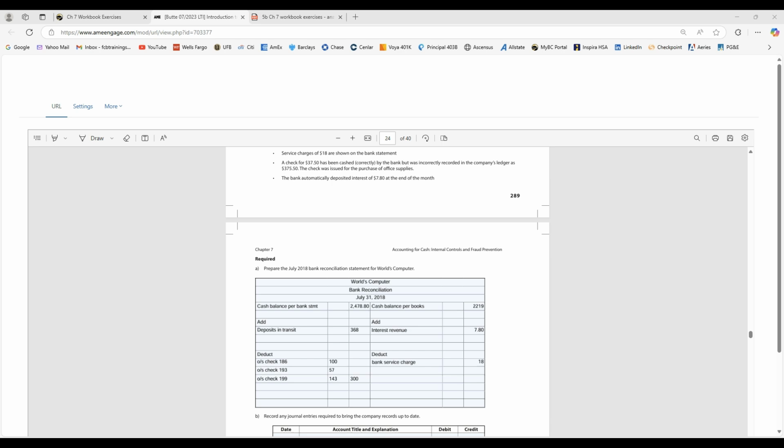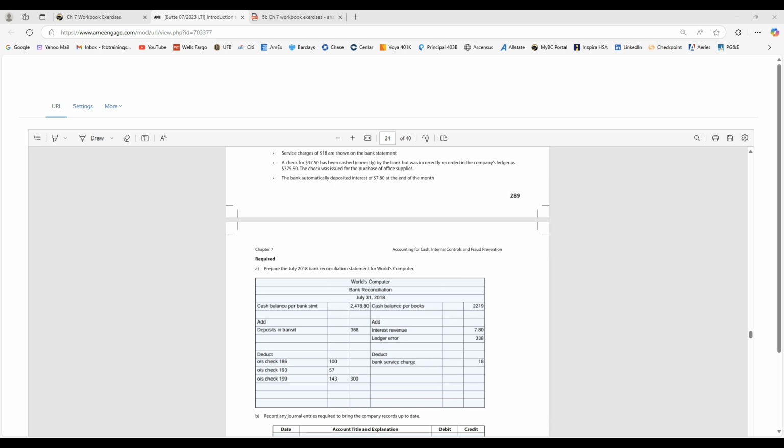We went down $375.50. So we need to take the difference. We'll say it's a ledger error, and we're adding back $338 to make that come out right.